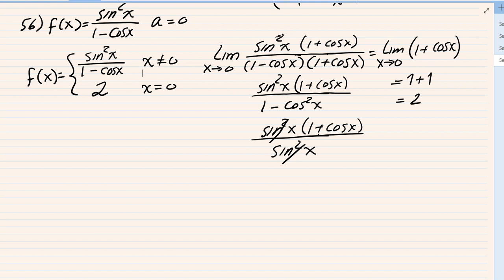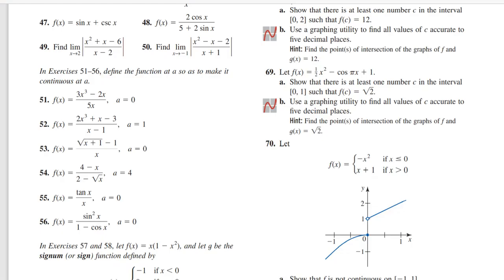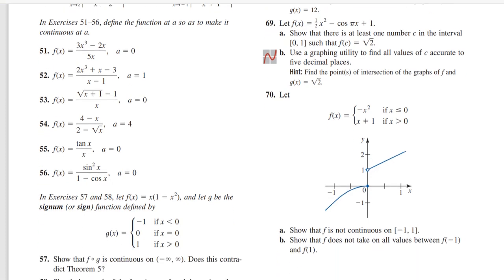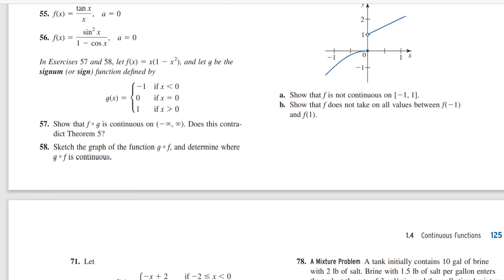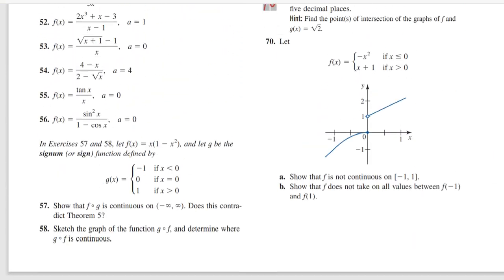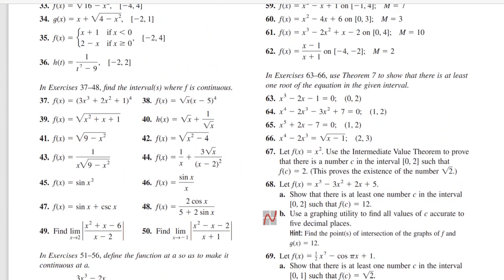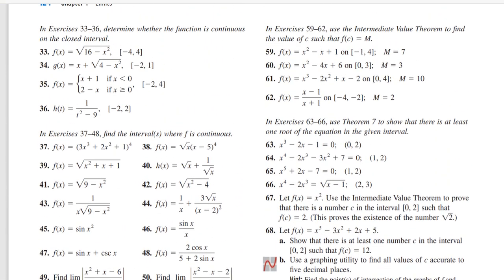Let's take a look at the last exercises. I want to look at something in the way of the intermediate value theorem. So let me go back to your exercises, and there you go. Okay, I'm looking at up here.